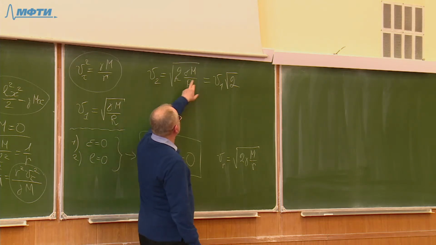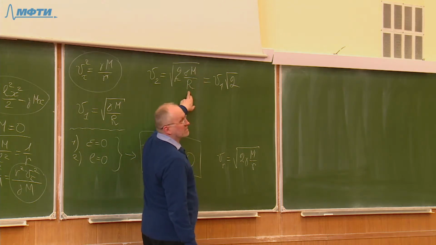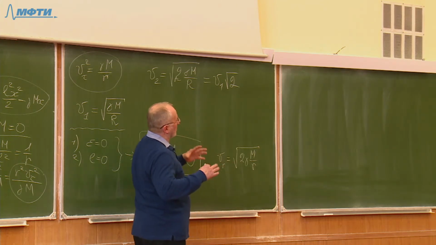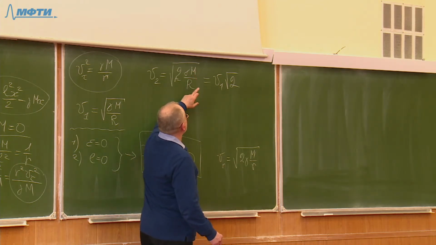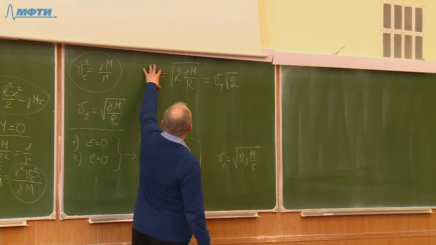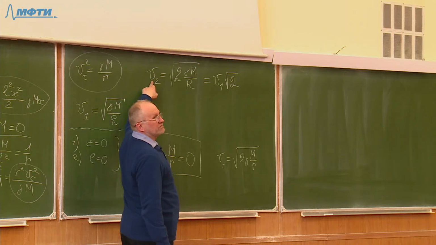So if we have a very large mass contained in a small volume, in a small radius, then the velocity can be made very large. And suppose this velocity is equal to the velocity of light.